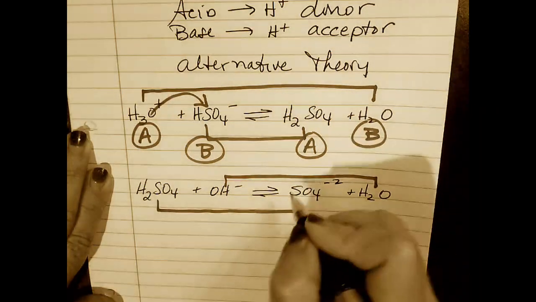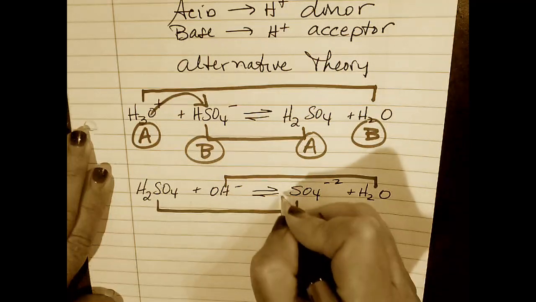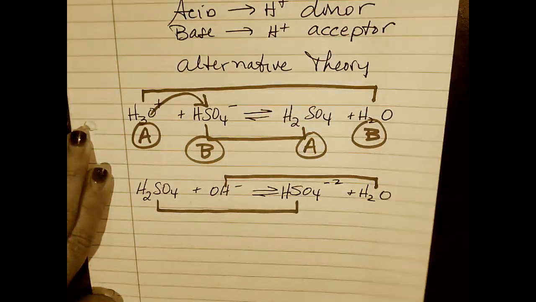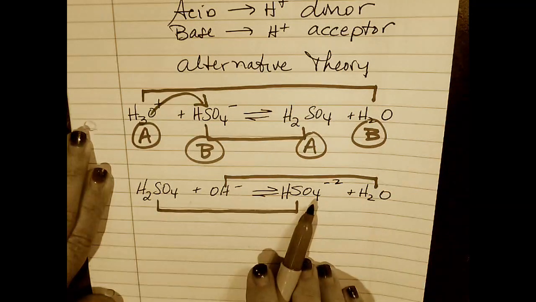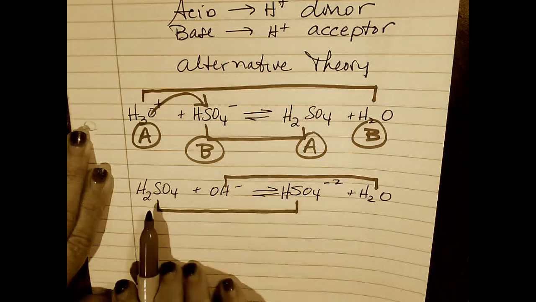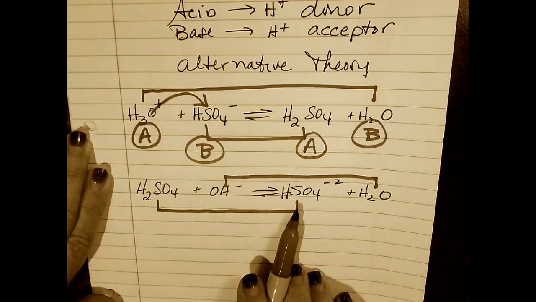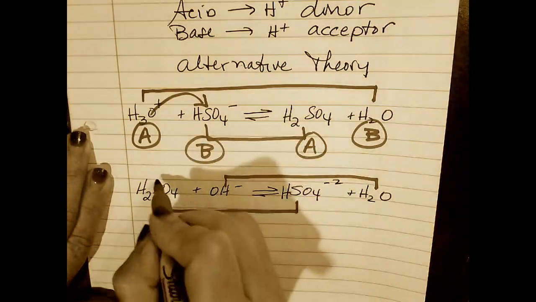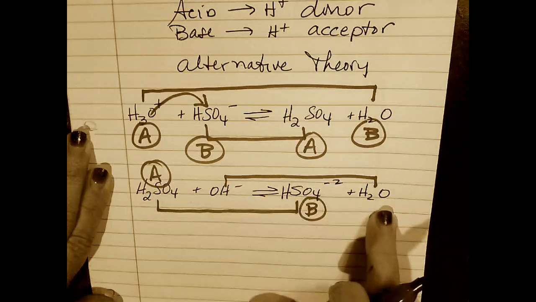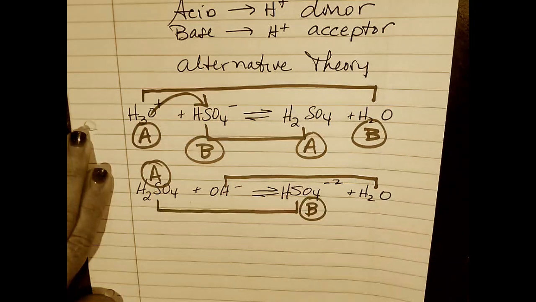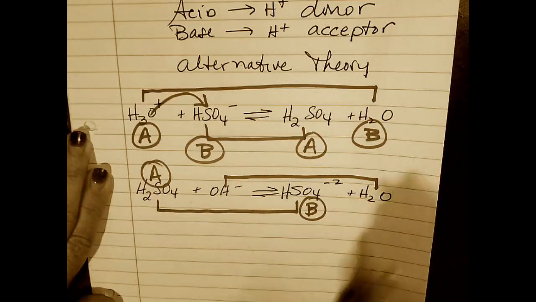And I think I left out an H here: H2SO4, HSO4 minus. Out of the pair, which species has the most H's? Acid, conjugate base.